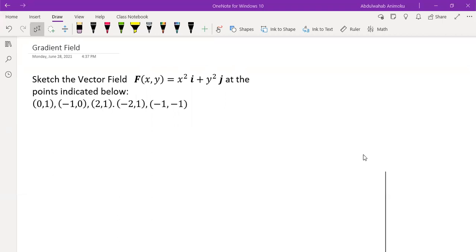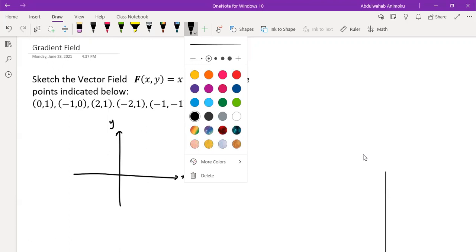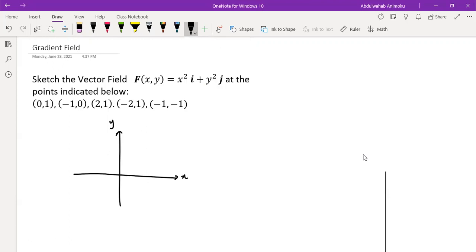Now, take for instance, so my drawing is terrible, so just bear with me. Say you have this XY coordinate, and here is the center of this.